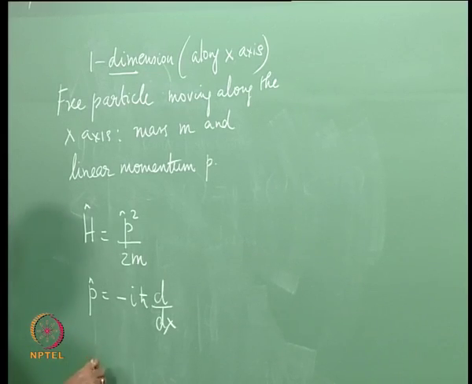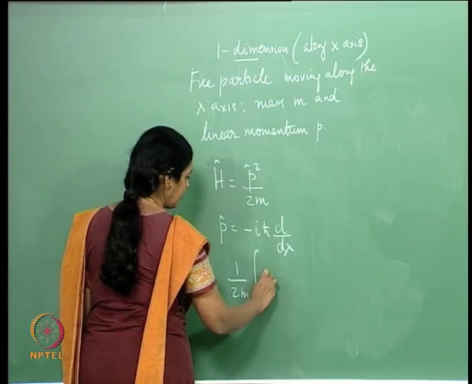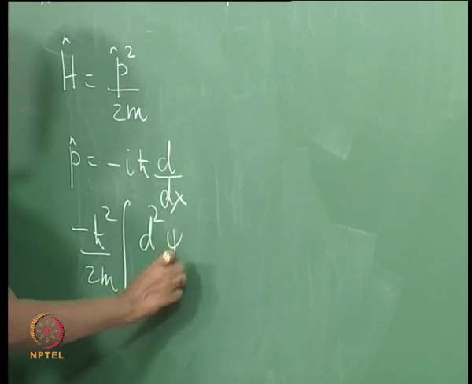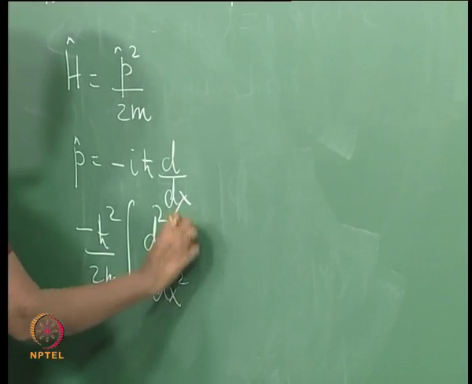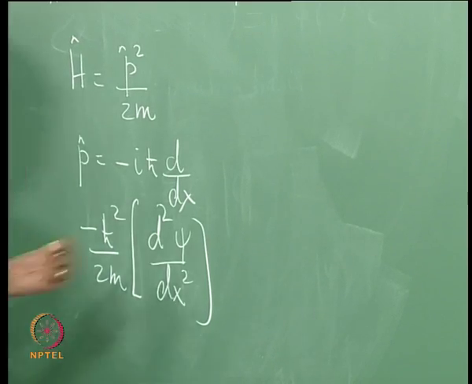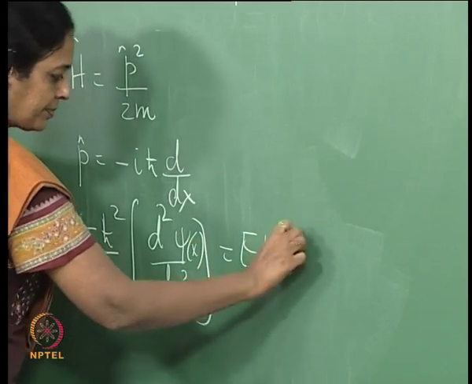So we have the equation 1 by 2m, or minus h-bar squared by 2m d2 psi by dx squared is E psi, where psi is a function of x.